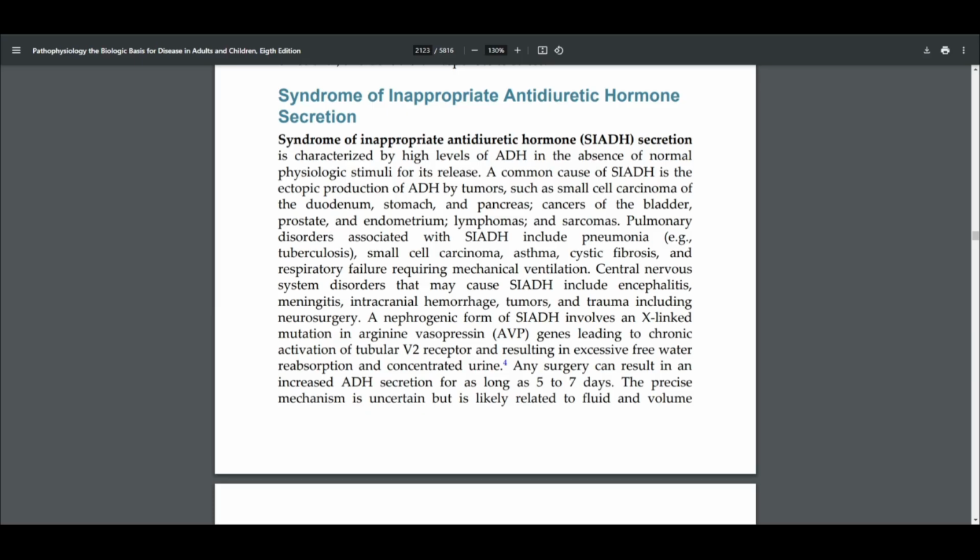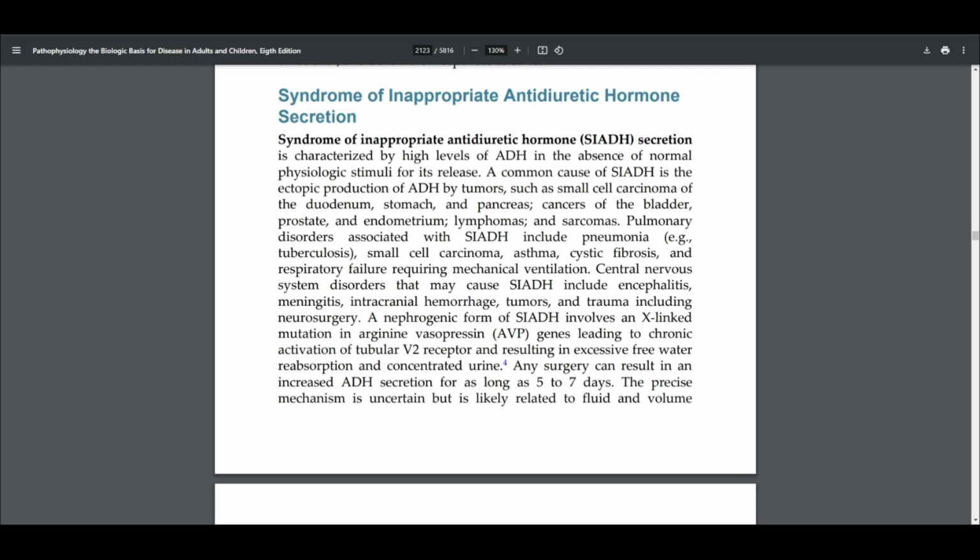A common cause of SIADH is the ectopic production of ADH by tumors, such as small cell carcinoma of the duodenum, stomach, and pancreas, cancer of the bladder, prostate, endometrium, lymphomas, and sarcomas. Pulmonary disorders associated with SIADH include pneumonia, small cell carcinoma, asthma, cystic fibrosis, and respiratory failure requiring mechanical ventilation.